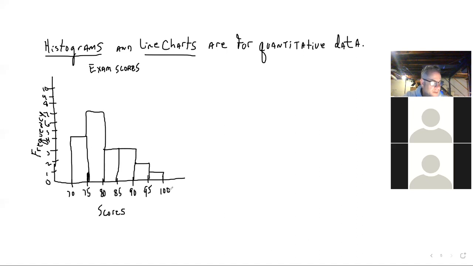All right, now I could do what's called a line chart with the same data. And it would look like this. Now I would have the same horizontal. Everything would look the same.